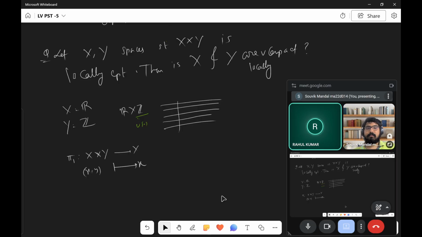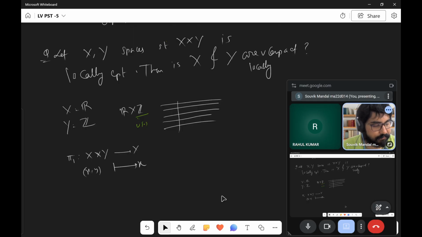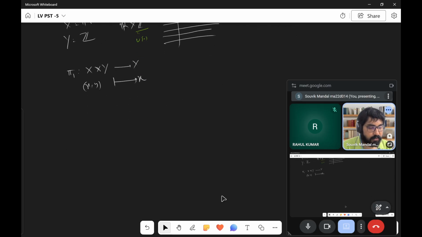So how can you say it doesn't, due to the continuity of the map? No, one minute. For example, consider R2. In R2, this is an open disk.